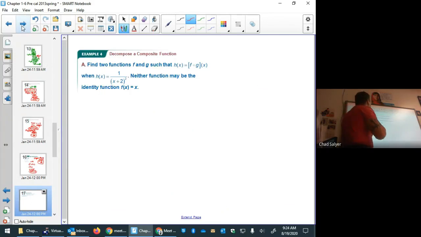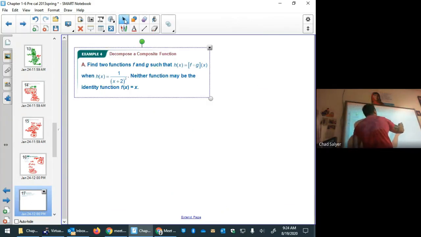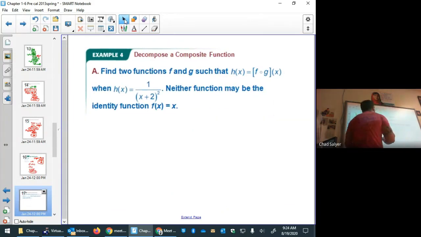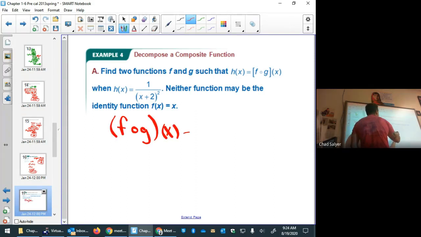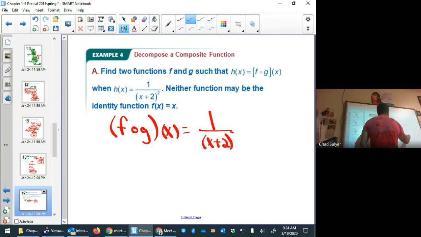Okay, so decomposing a composite function. Here they task us with finding a set of functions, f and g, that would compose to make this. So I want f of g of x to equal 1 over x plus 2 squared.